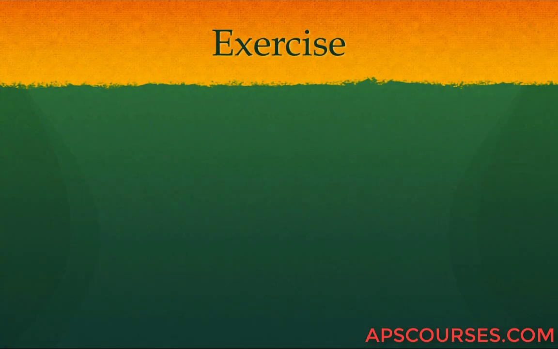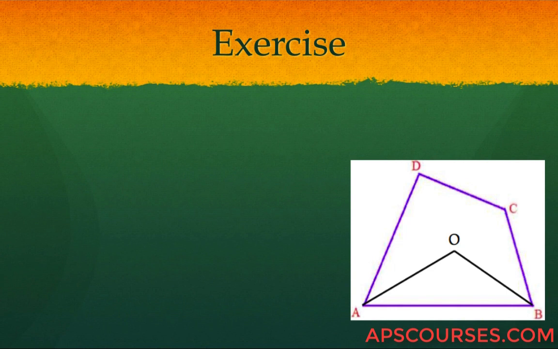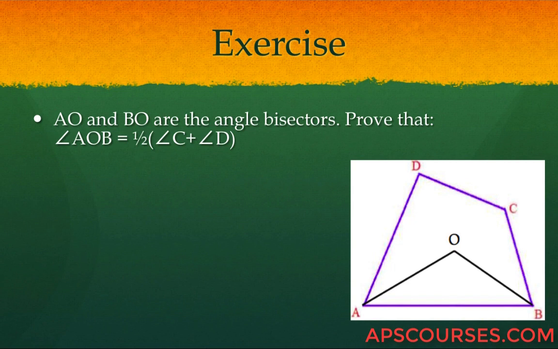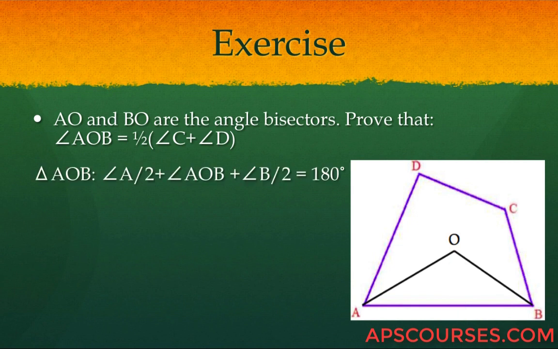Let's solve the next exercise. In this figure, AO and BO are angle bisectors. We need to prove that angle AOB is equal to half of angle C plus angle D. In triangle AOB, angle A by 2 plus angle AOB plus angle B by 2 is equal to 180 degrees.